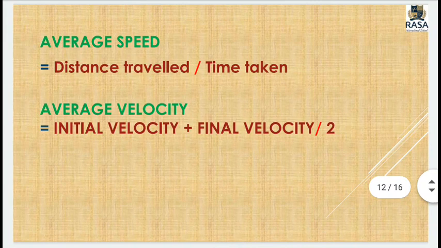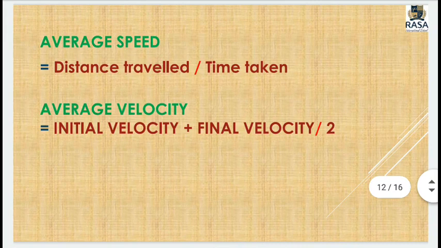Whereas average velocity, now here our motion is not uniform, and there's an initial velocity and a final velocity. So whenever you are moving, there's an initial and a final velocity. Then average velocity is the sum of initial plus final velocity divided by 2.